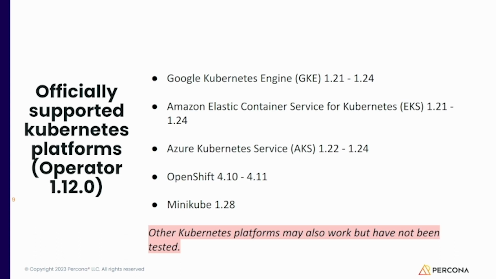We cannot test the operator on all possible versions of all platforms. So the testing of the operator is done on some of the versions, which means that you can still use the operator on some different versions that are listed here at your own risk. Likely it will work, but depending how far you are from the supported versions, you might hit some issues. And we likely won't provide a fix for a non-supported version. So try to stick with the supported versions.